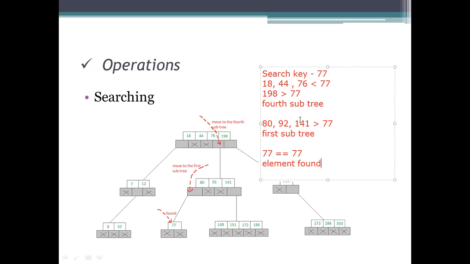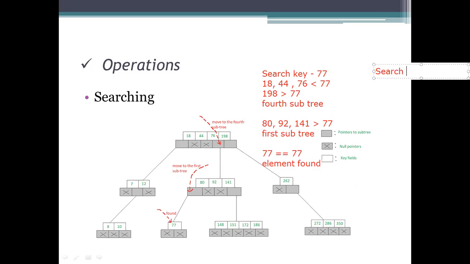So here we are doing multiple searches, but it does not involve as many steps; it takes only a small, less number of steps when we use this B-tree representation. And coming to the next element, let the search key be 261, which is not there.